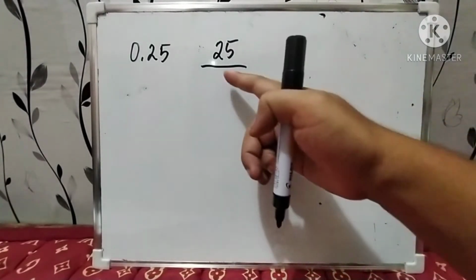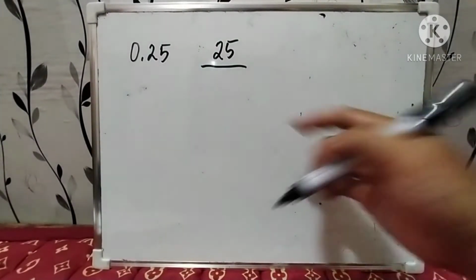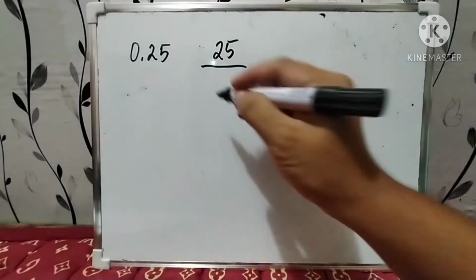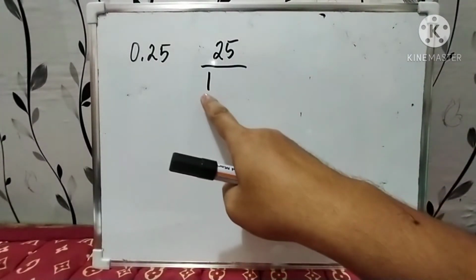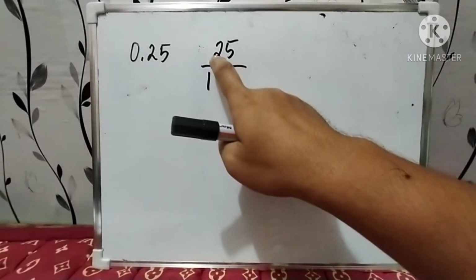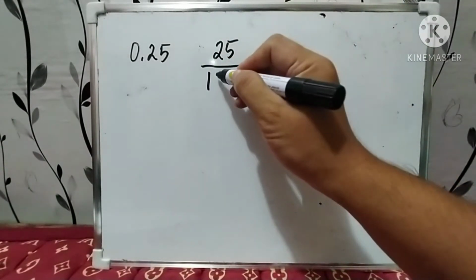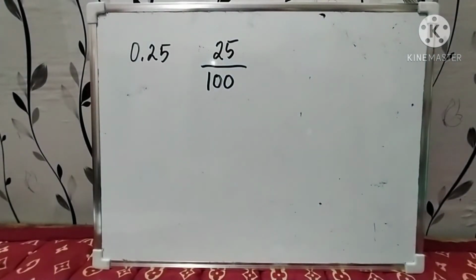Yung sa denominator natin is a power of 10. So, since ito ay 2 digits yan. Okay? So, ang ginagawa ko, lagi ako naglalagay ng 1. 1 doon. Tapos, tinitingnan ko yung numerator. Since 2 digits siya, maglalagay ako ng 2 0. Ganun yung ginagawa ko. And 100 is a power of 10.